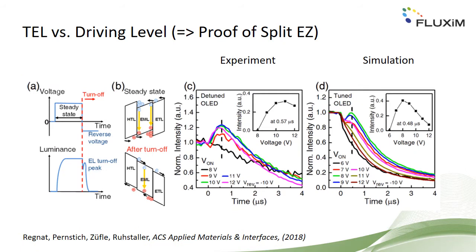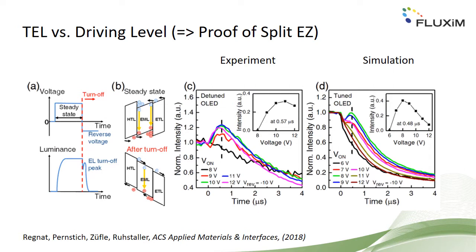But how come there is such a correlation between emission zone and occurrence of a turn-off peak? If you look at the device in the steady state, you will notice that a typical 3-layer device has accumulation or blocking behavior for electrons at the hole transport layer and for holes at the ETL.